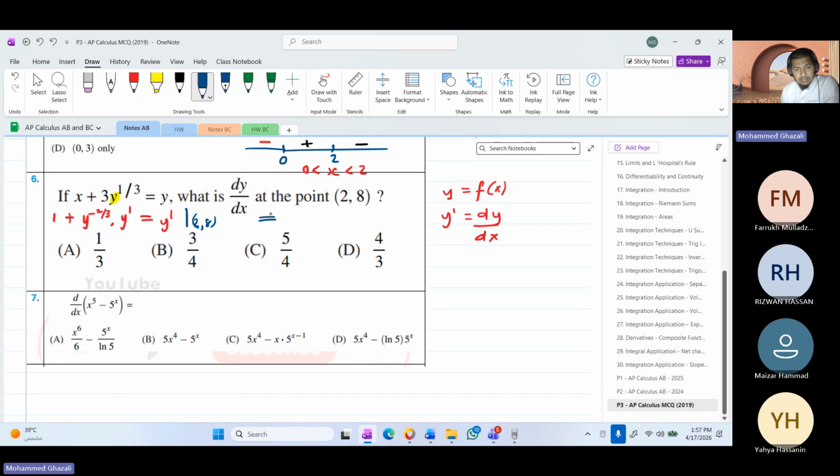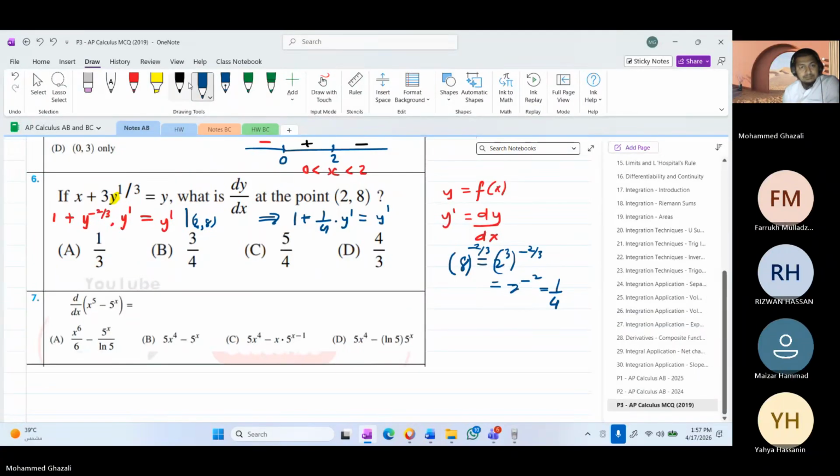So this implies 1 plus, how can I write 8? Isn't 8 equal to 2 cubed? If I raise both sides to the power negative 2/3, the cubes cancel out, you get 2 to the power negative 2, so 1 over 4. So 1 over 4 times y prime is equal to y prime. Now solve for y prime.